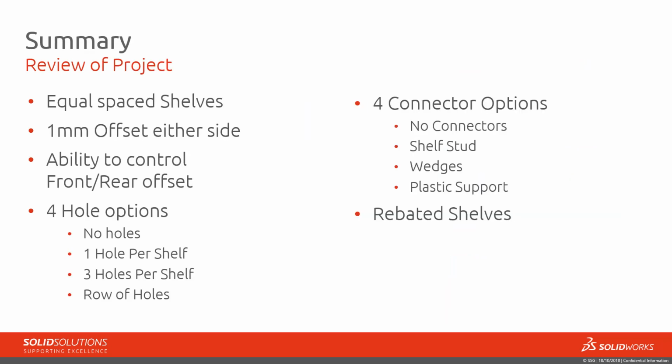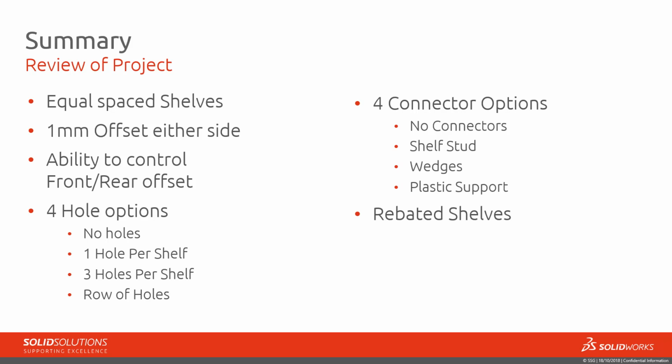Finally, just to summarize what we've covered in this PowerPoint, we are coming to the end of the SWOOD project here, and just reiterating what we went through in the design brief and the videos that have been displayed in the PowerPoint. We've set up a set of equally spaced shelves as a SWOOD box, which will allow us to bring it into the various SWOOD frames that we'll create from this.